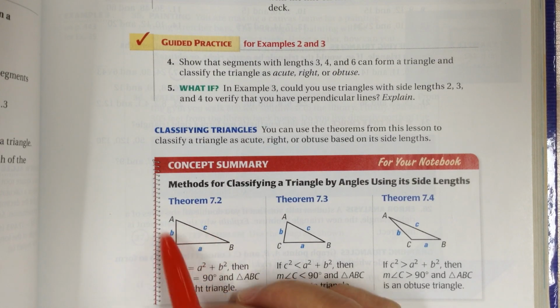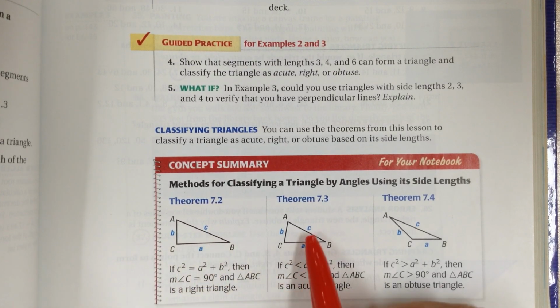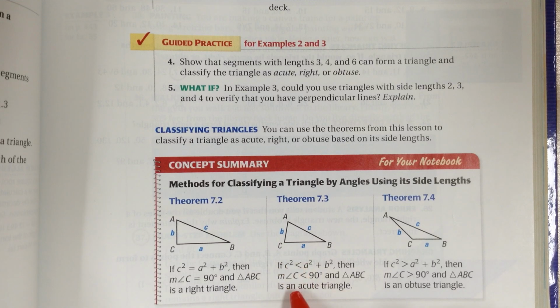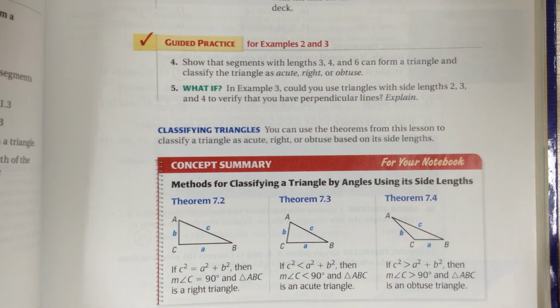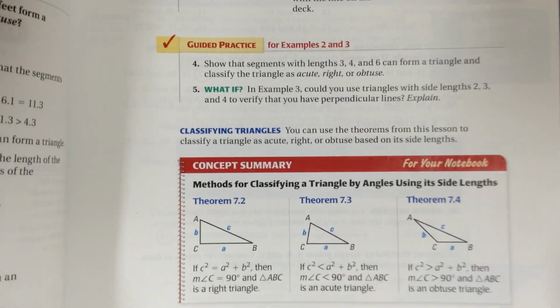So if it's equal, then it's a right angle. If it's less than 90 degrees, it's an acute angle, therefore an acute triangle. If it's greater than 90, then it's an obtuse angle, therefore an obtuse triangle. That's the main concept for this lesson.